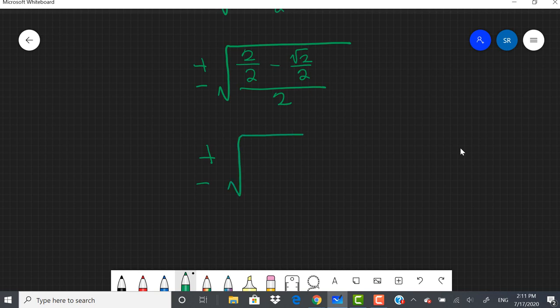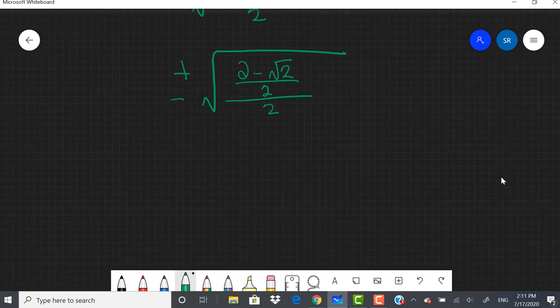But let's just clean this up. We're going to get 2 minus root 2 over 2, and then divided by 2. Dividing by 2 is the same as multiplying by 1/2. So then this becomes 2 minus root 2 over 2 times 2, which is 4.